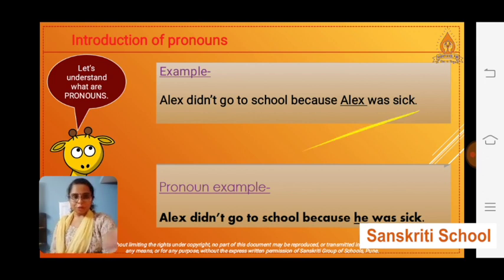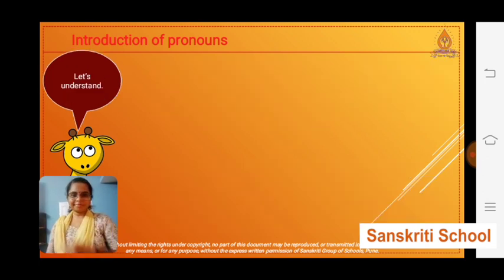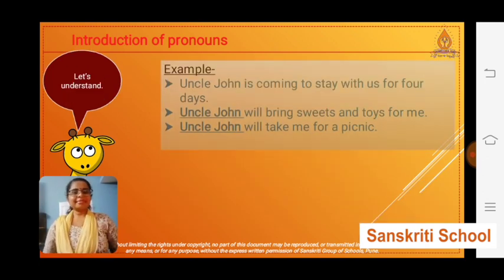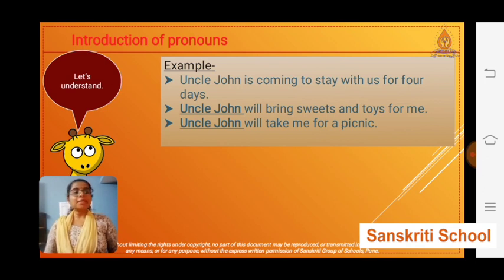One more example, children. Uncle John is coming to stay with us for 4 days. Uncle John will bring sweets and toys for me. Uncle John will take me for a picnic. In all these 3 sentences, I have repeated Uncle John in every sentence.